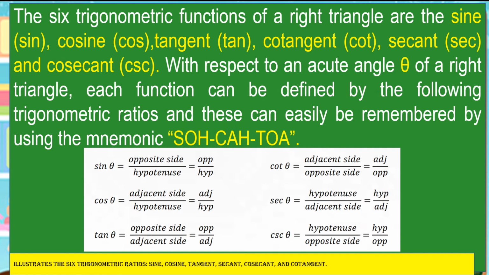So the six trigonometric functions of the right triangle are the sine, cosine, tangent, cotangent, secant, cosecant.